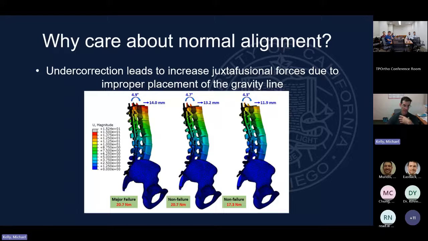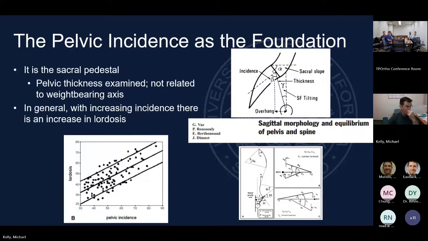My opinion is that adjacent segment degeneration and PJK are one and the same, just of different magnitudes, right? Adjacent segment degeneration, not that impressive, can take a couple of years, even 5 years to develop. And then we say, oh, you got a bad back, you got bad genes, you get a PJK, and then we say it's something different, when I think both of them are probably just different versions of failure through an unfavorable biomechanical state.